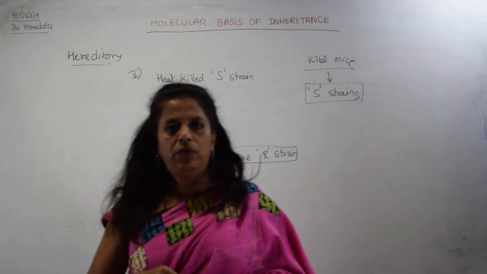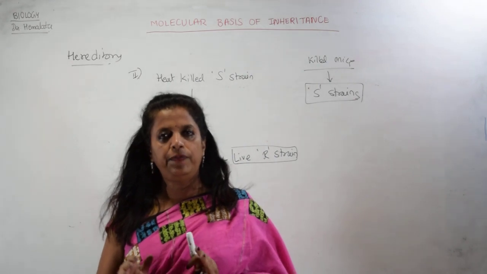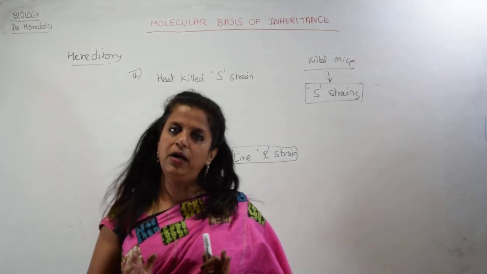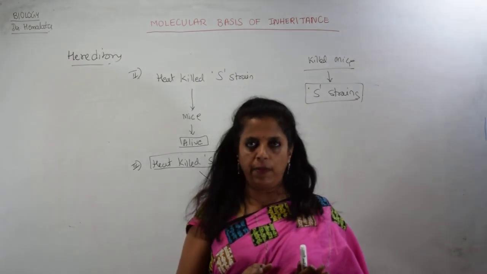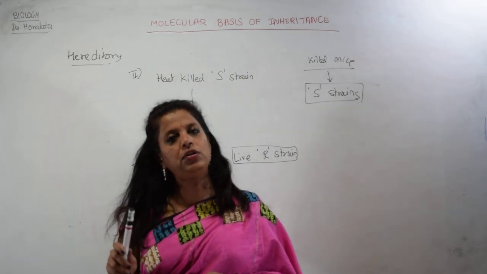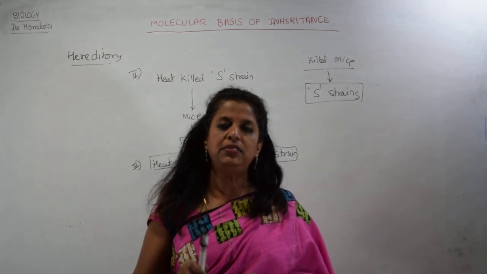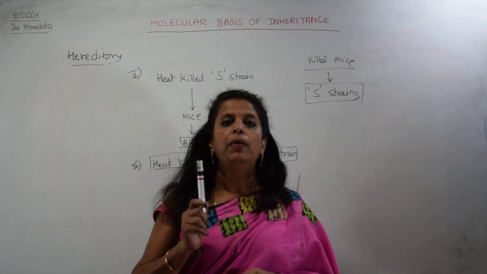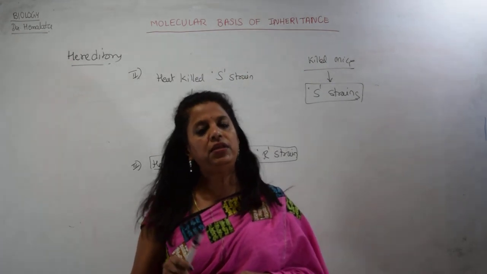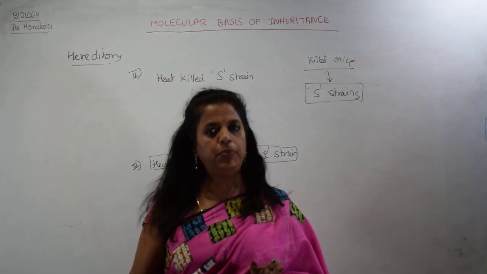It means, when he started the experiment, the S strain was harmful, a virulent strain. The R strain was a non-virulent, harmless strain. The S strain used to cause pneumonia in mice and used to kill the mice. But if you take the R strain, when it is injected, the mice remain alive, it was not causing any problems.